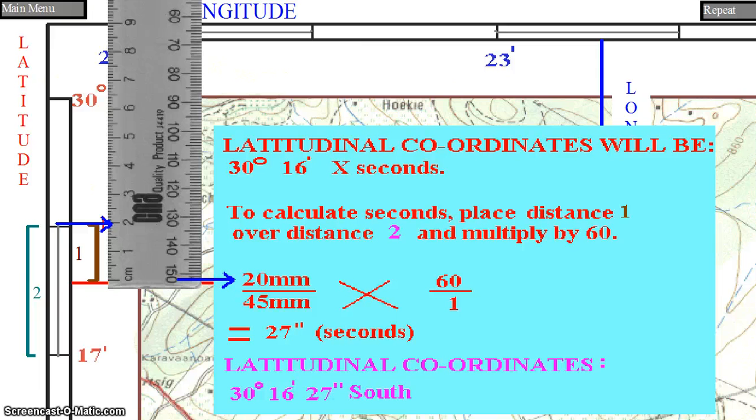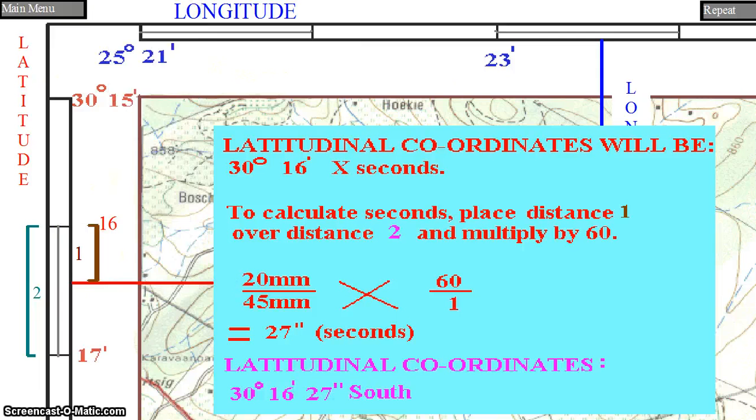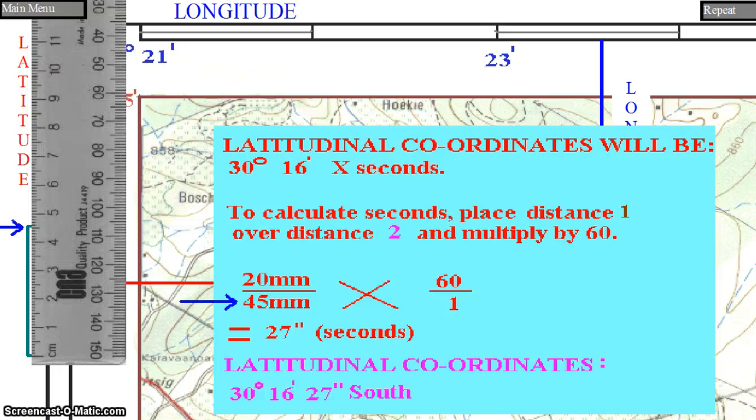Distance 1 is equal to 20 millimeters or 2 centimeters. Distance 2 is equal to 45 millimeters or 4.5 centimeters.